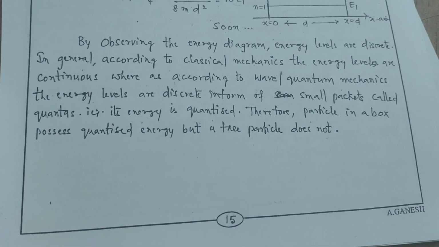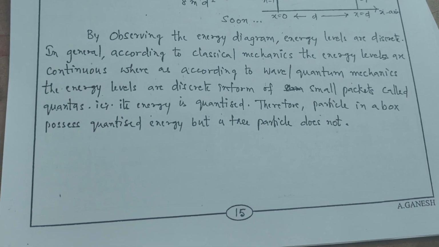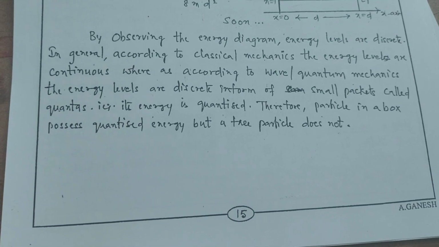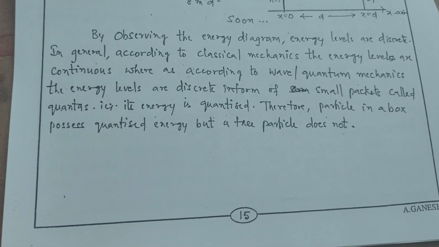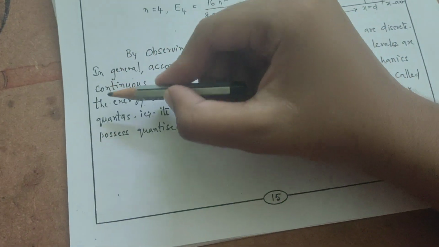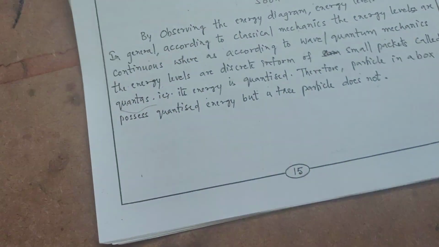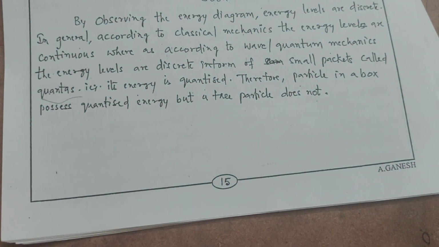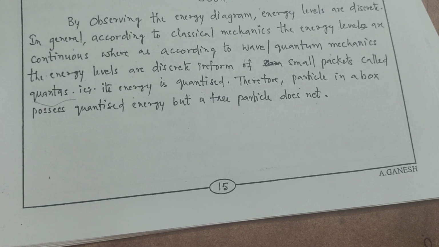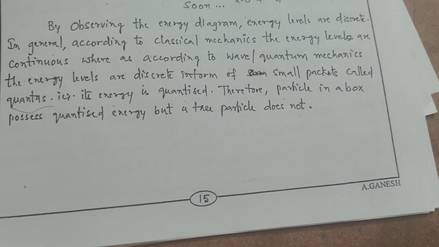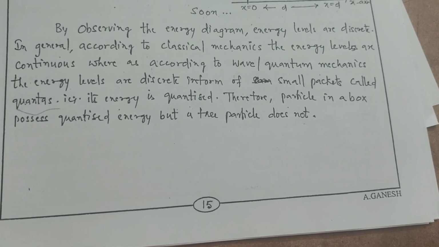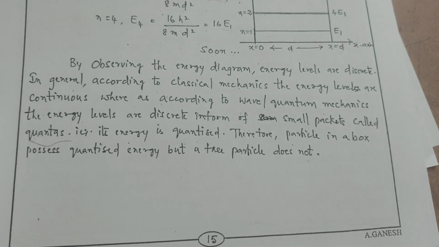Why are they discrete? Because of the small packets. These packets are called quanta, i.e. the energy is quantized. Therefore, a particle in a box possesses quantized energy, but a free particle does not.